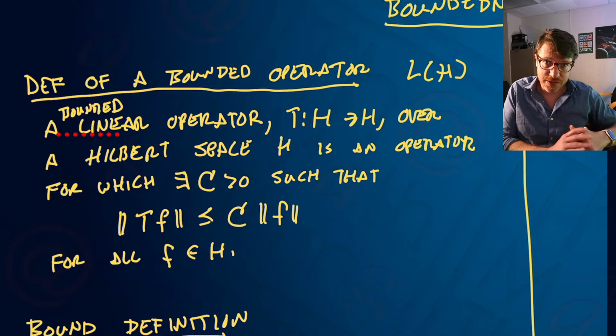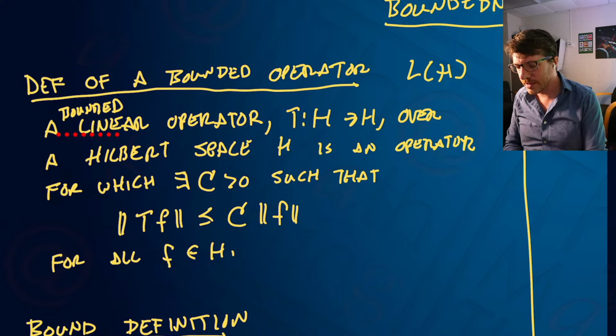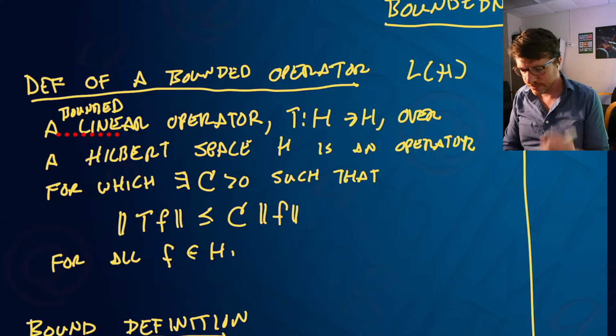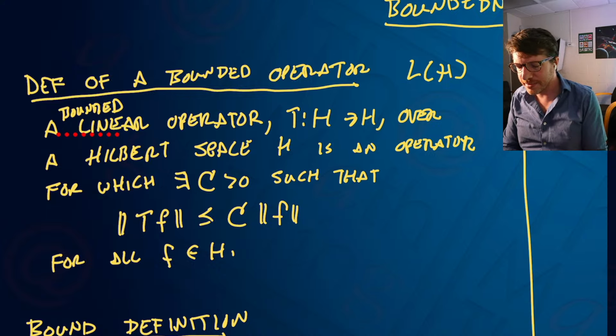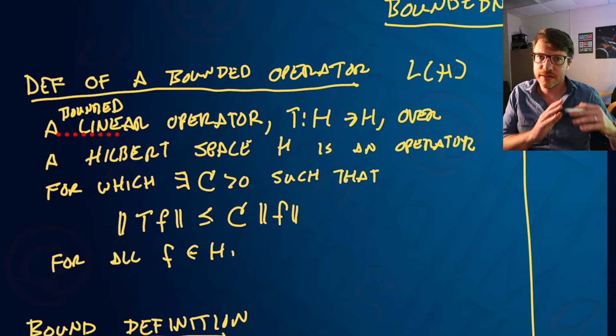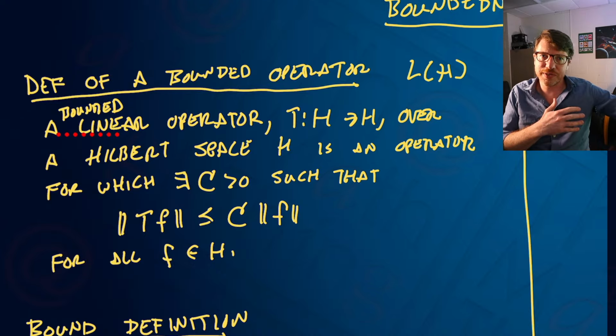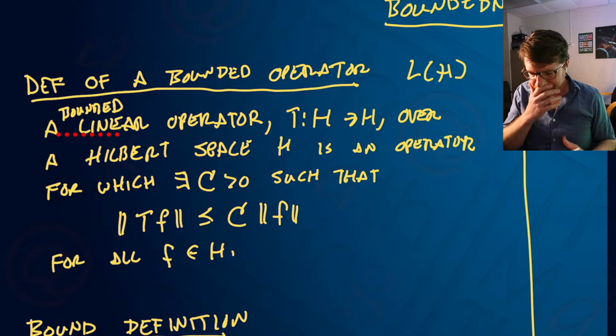You could even think of this as being R^n if you like, so an actual vector. A bounded linear operator basically has a bound to how much it is going to scale our vector. It's going to stretch it out, but there's some bound that it's not going to exceed.